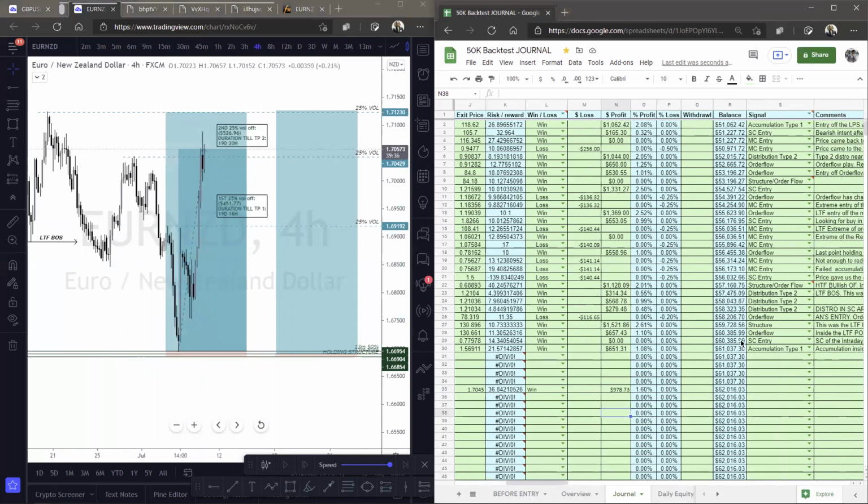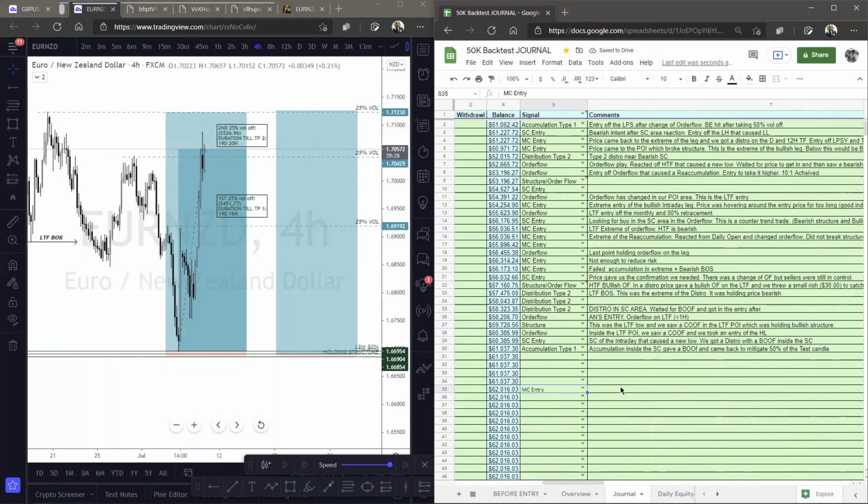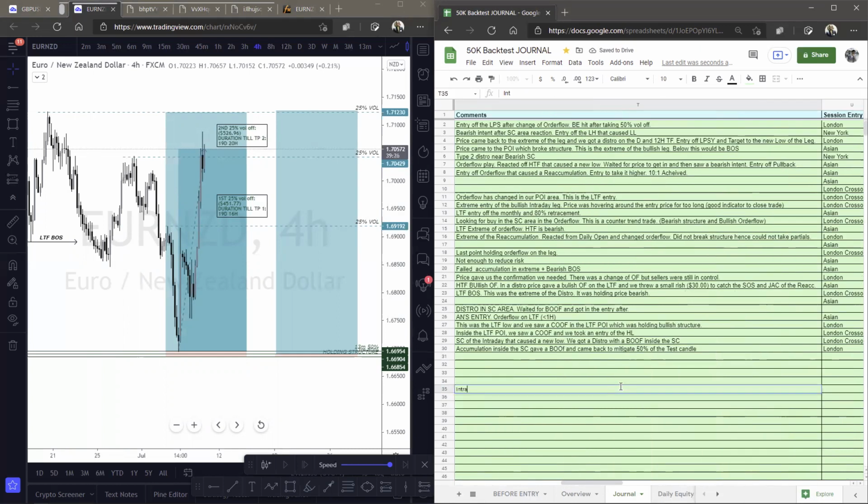And okay, signal, this was extreme. Okay, this was the intraday extreme with accumulation type 1 inside, entry of the 50%.